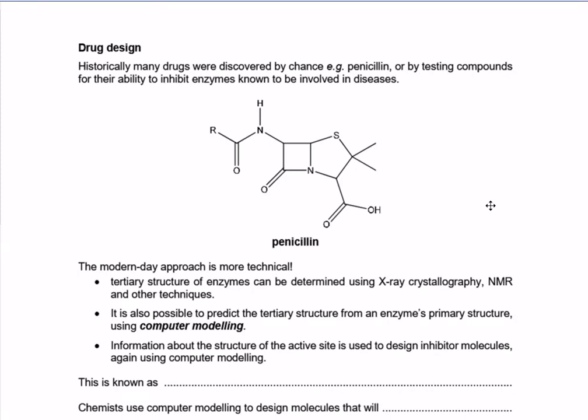The structure of enzymes can be determined using techniques like X-ray crystallography and nuclear magnetic resonance spectroscopy. It's then possible to design drugs that will fit into the enzyme's active sites using computer modelling. This is known as structure-directed drug design.